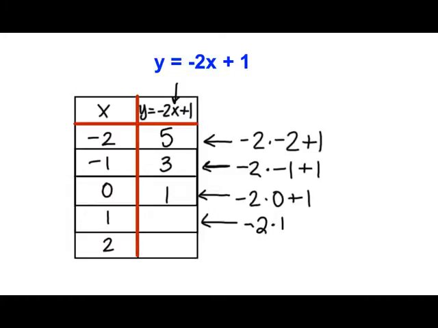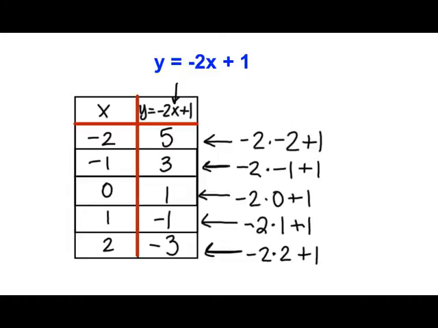Negative 2 times 1 is negative 2, plus 1 is negative 1. And one last one. Negative 2 times 2 is negative 4, plus 1 is negative 3. And I have now created a table for those values.